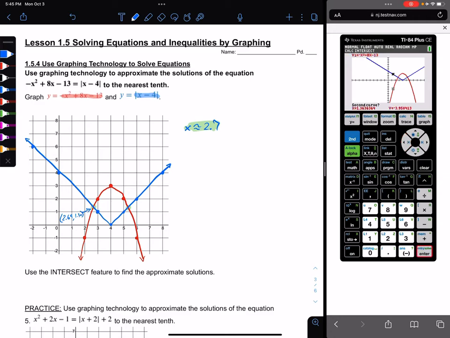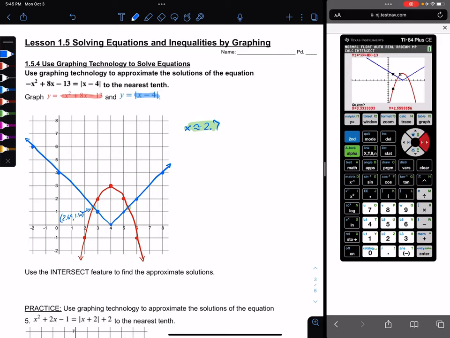I'll hit enter. The cursor should jump to the red one. If it doesn't, just hit up or down and it'll jump to the red one. And choose your second curve, which is enter. Now it's going to ask you to guess again. The problem is if I put the cursor here, it's just going to give me the same answer that I already had.